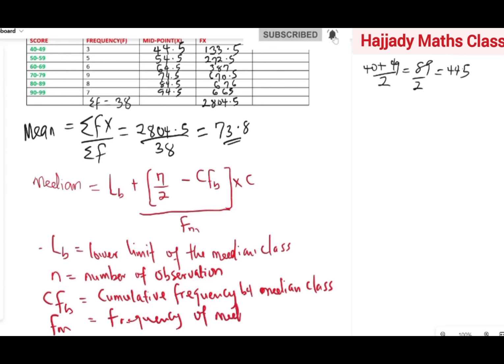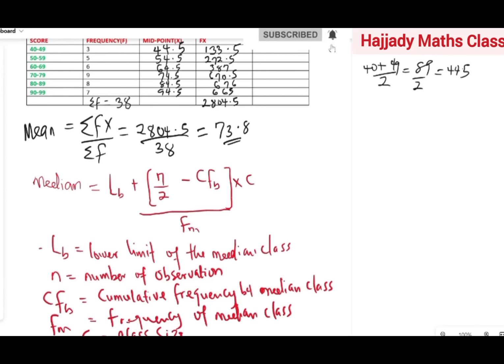So it's the frequency of our median class. And lastly, we have C, which is the class width, or let me say class size. Yeah, let's call this class size.